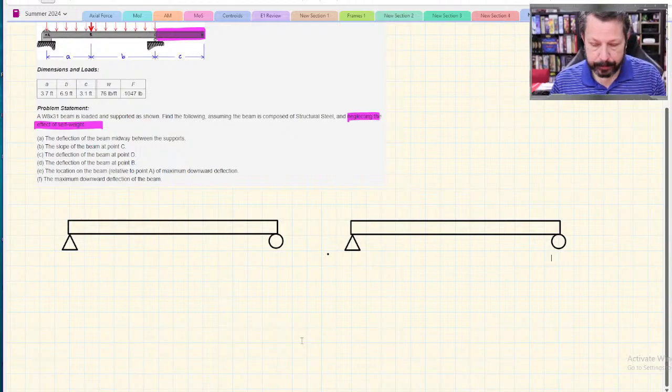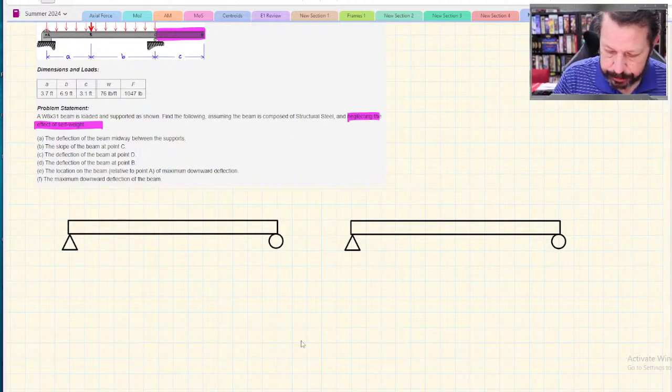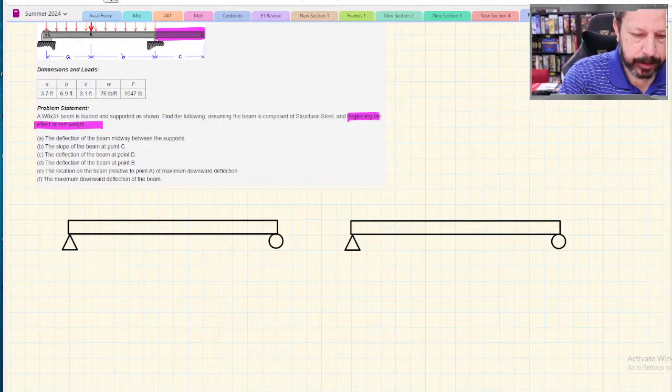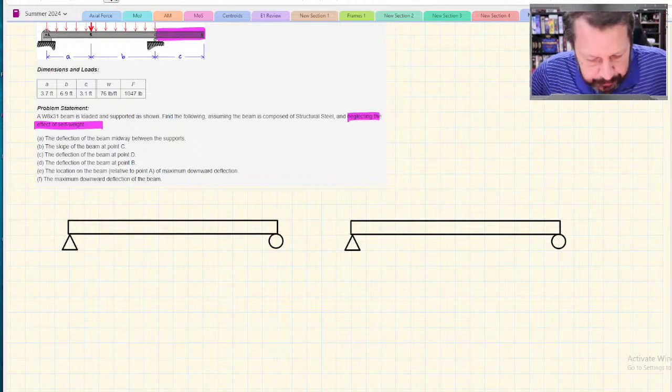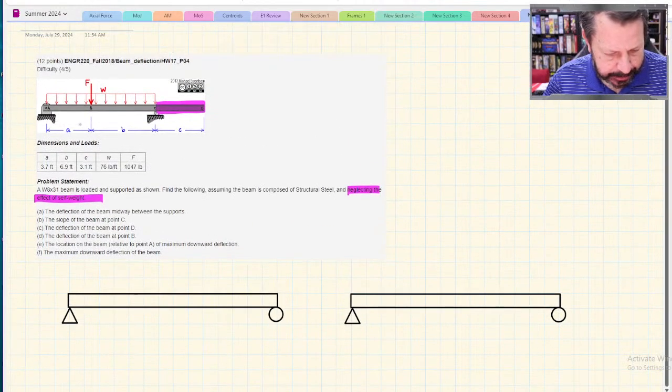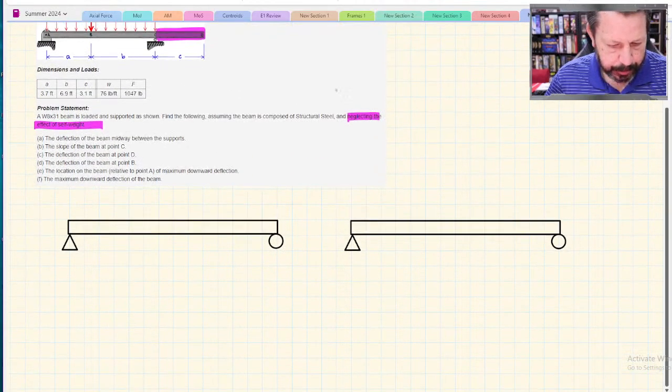So I've drawn two of them here. I've drawn two so that I have the point load on one of them and the distributed load on the other one. So let's put the point load on the left one. The point load is a distance A, so that's the smaller distance.